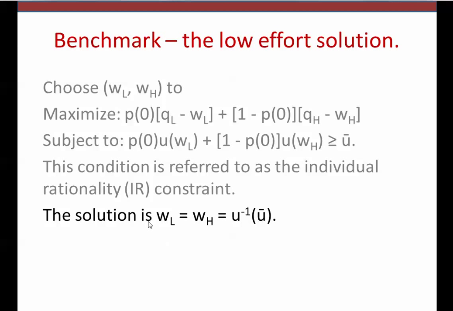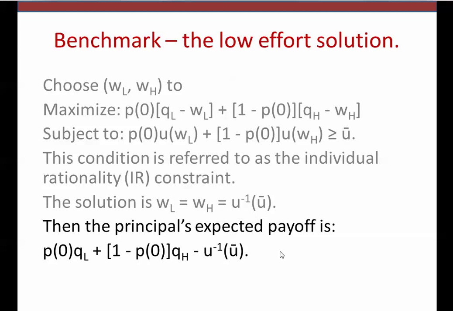Because the principal is risk neutral and the agent is risk averse, the solution is for the principal to absorb all the risks. So WL and WH are the same, and they are given by the certainty equivalent of the outside option.